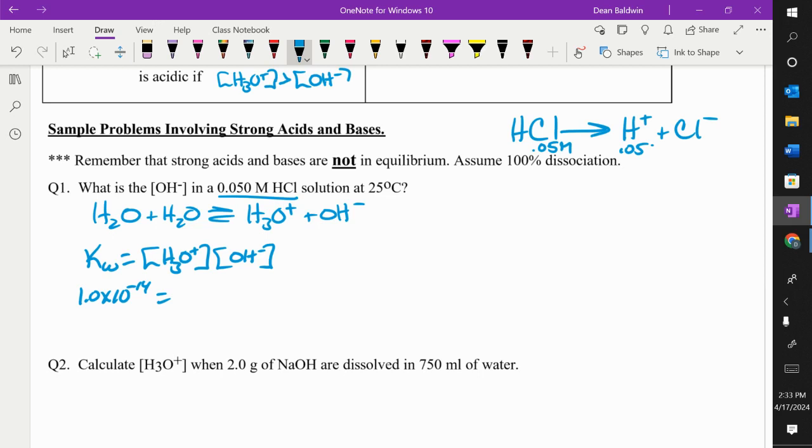What's the concentration of that? 0.05, right? That makes sense? H plus and H3O plus are basically the same thing. We've added a bunch of acid. It ionized 100%, so we know what this concentration is. So I know this has been spiked up to 0.05.